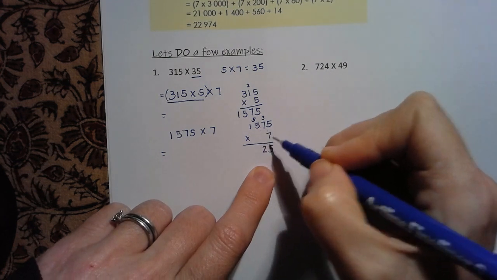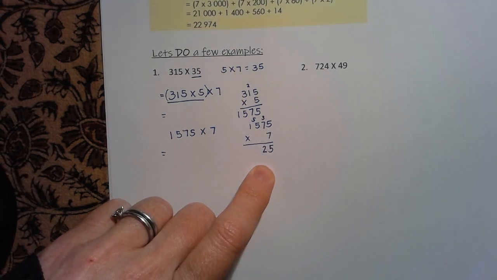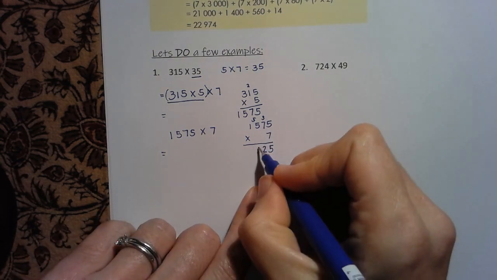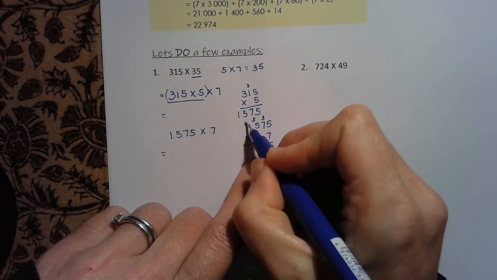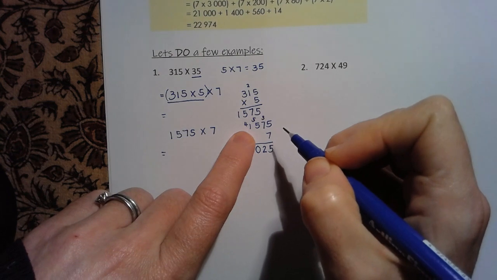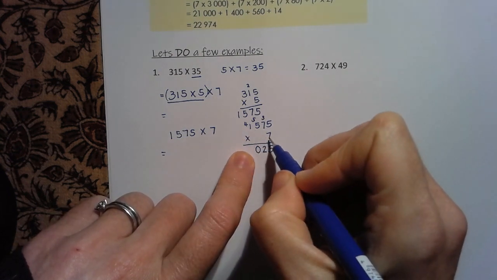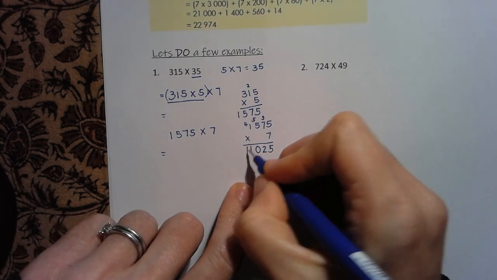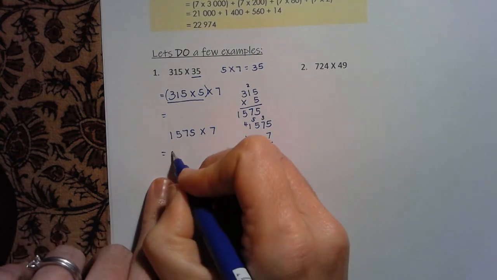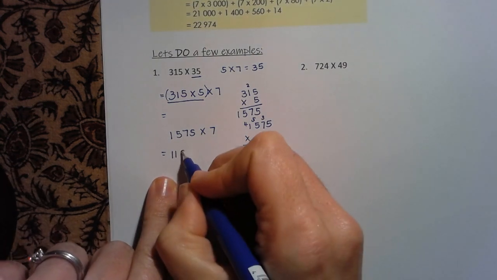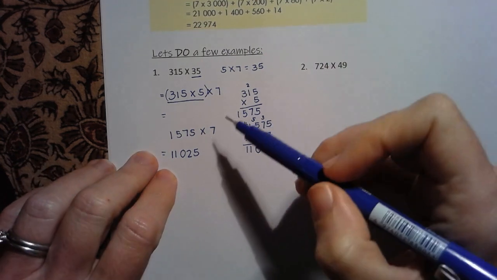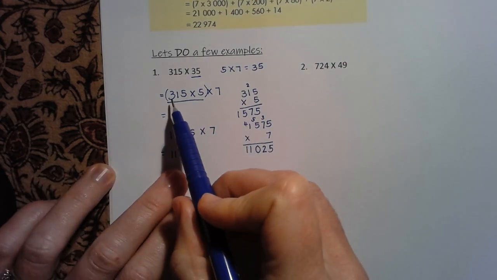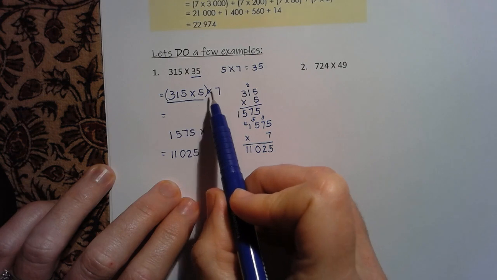Okay, 5 times 7 is 35 again, plus the 5 is 40. So 0 for the 40 stays behind, and the 40 goes over. 1 times 7 is 7, plus the 4 is 11. So the final answer is 11,025.